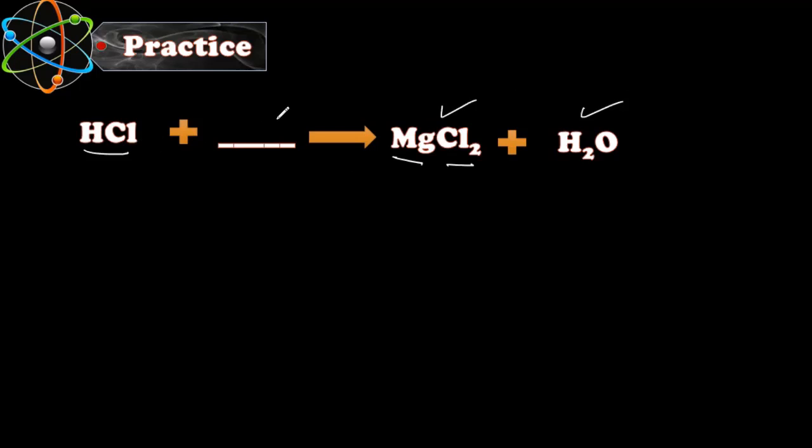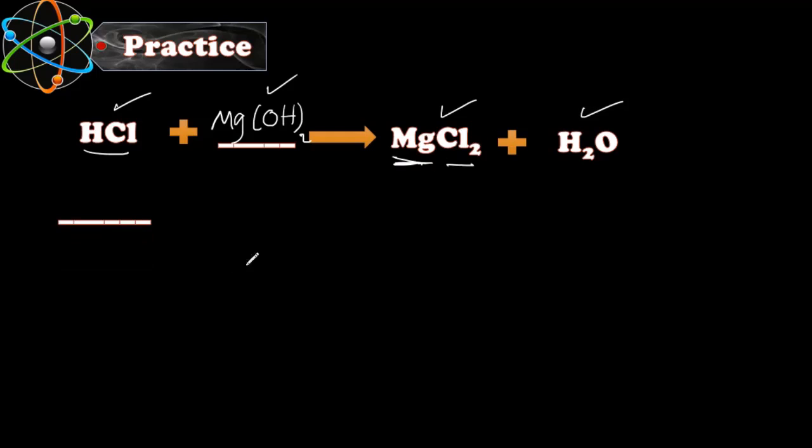Here it has to be a base. So what is the base which gives us magnesium? With the magnesium it is magnesium hydroxide. Magnesium hydroxide, or another possibility is magnesium oxide. Any answer here is going to be right as long as you follow the same rule. Here we have acid plus base gives us salt plus water.